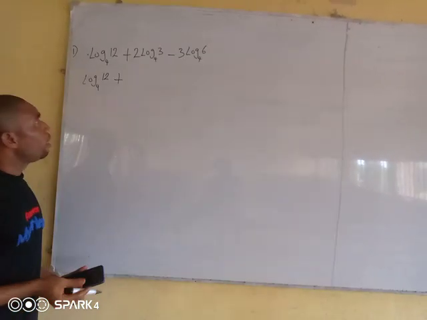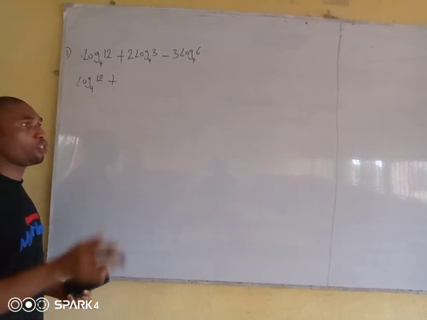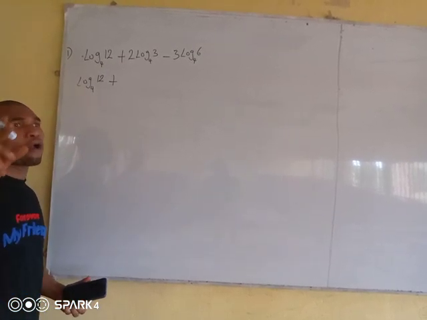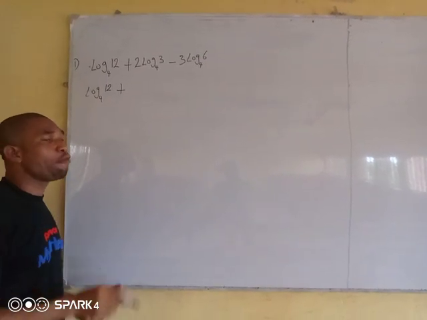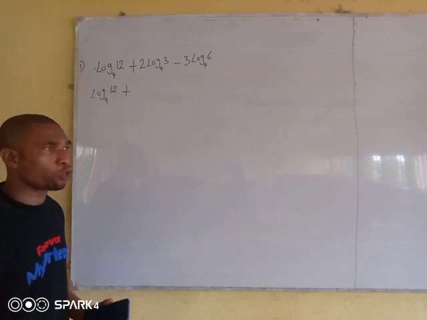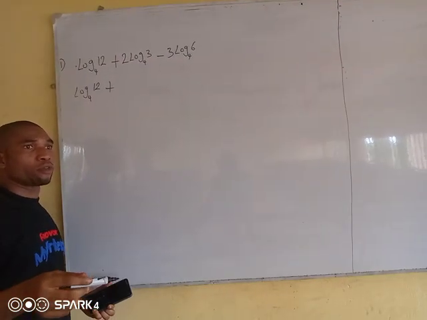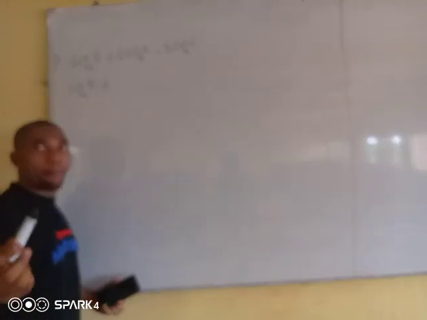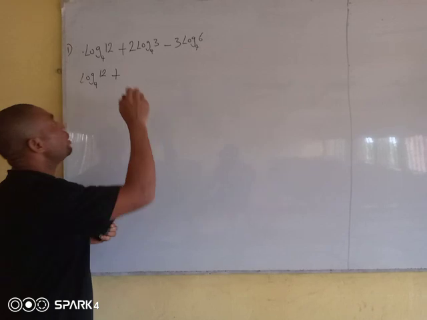Remember, from one of the laws of logarithm, the power law, if the number is having a power, use the power to multiply the log. And remember, I told you that if A is equal to B, it means that B also is equal to A. Now we are going to convert from that power law from the other form to the left hand side.